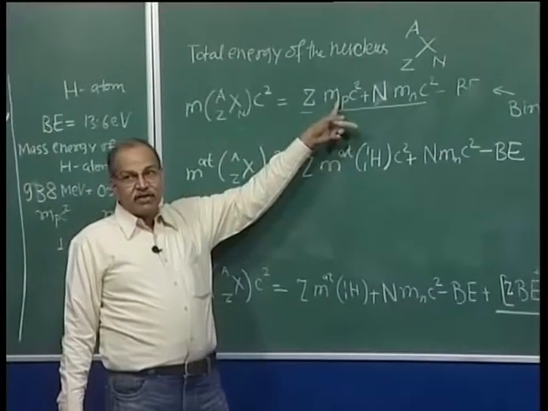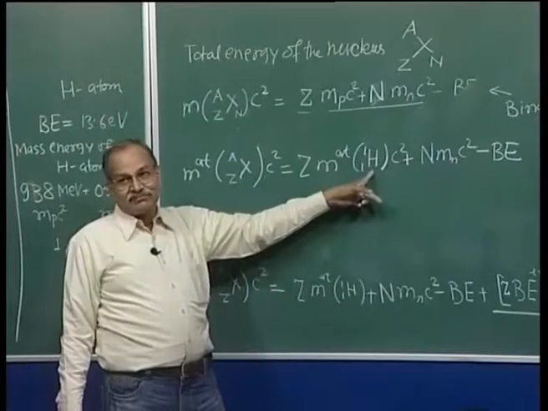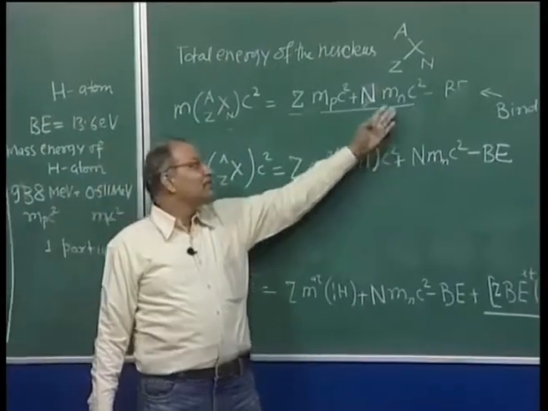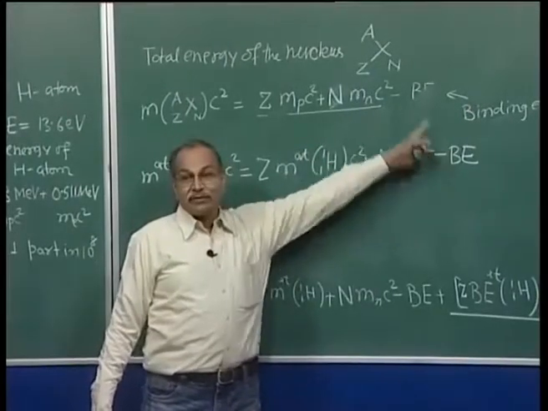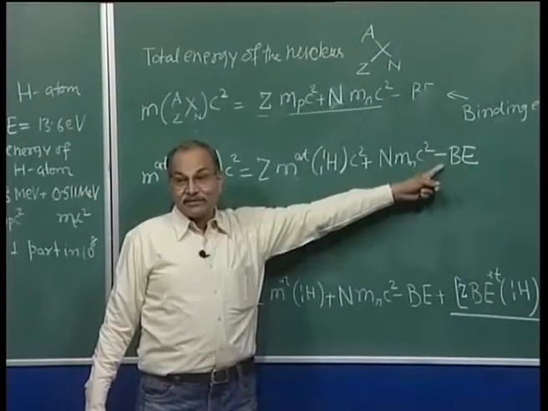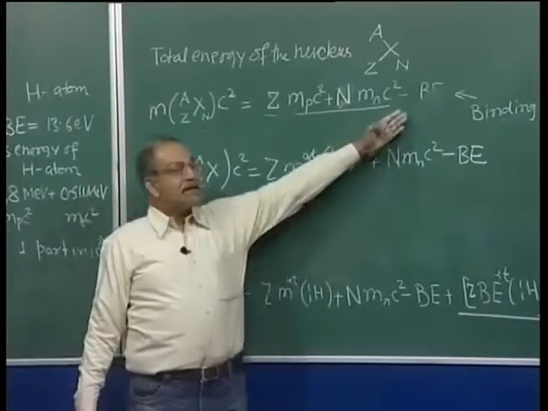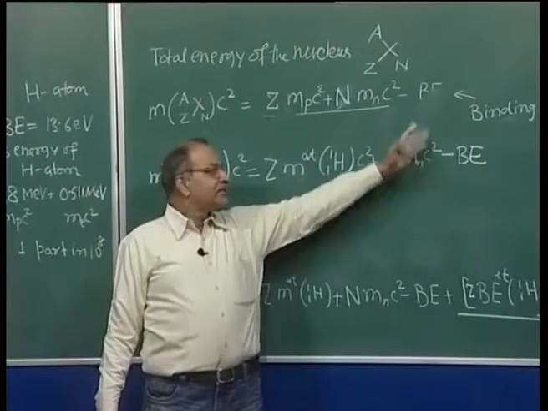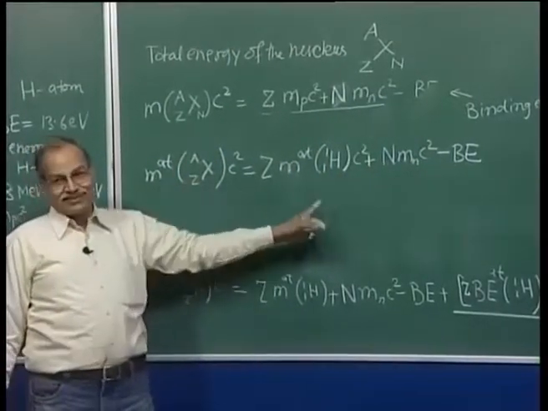So, instead of mass of proton, I am writing mass of the hydrogen atom, and neutron is of course neutron, and this binding energy is same as this binding energy, nuclear binding energy. So, to make a calculation of nuclear binding energy, I can work with atomic masses.